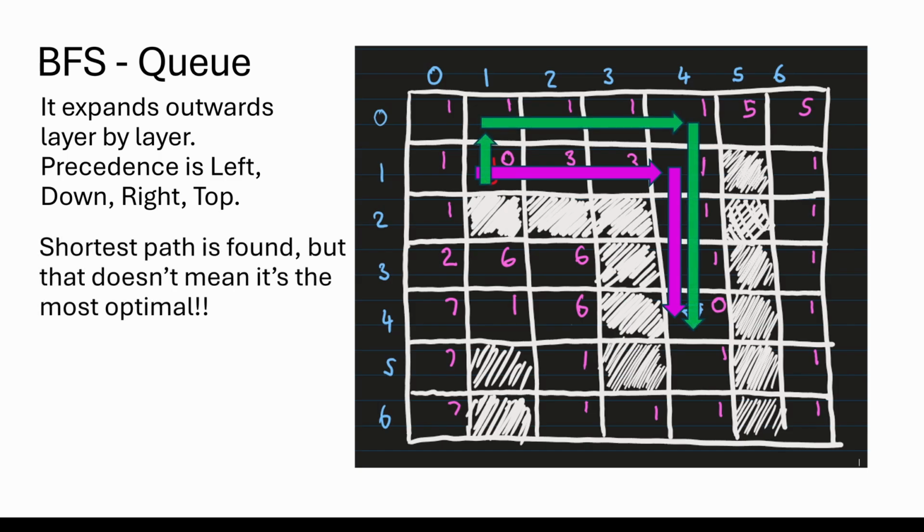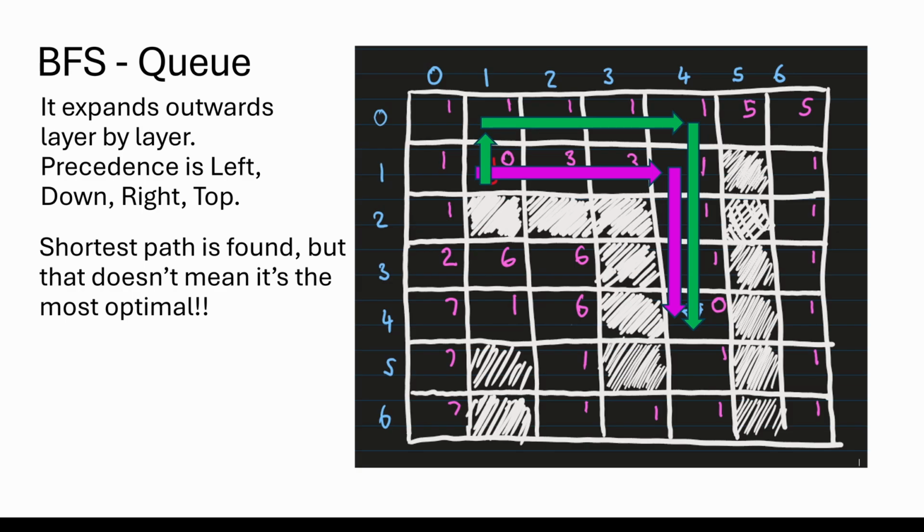So we found the shortest path, but it wasn't actually the most optimal path, because remember these pink values represent the cost of going to each grid. If the pink value is higher, it represents a higher cost, and if it's lower, it represents a lower cost.